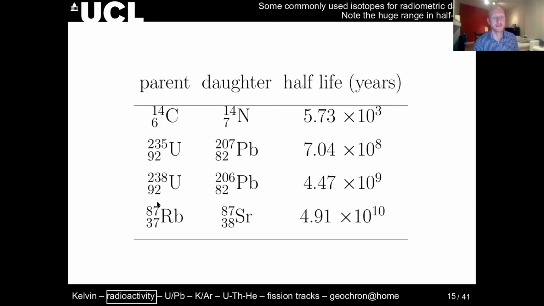And then rubidium-87 decays to strontium-87 with a half-life of nearly 50 billion years. So there is a very wide range in decay constants, and these allow us to date geological processes anywhere between 1 million years and about 4 or 5 billion years, even older, but of course the solar system is not older than that.